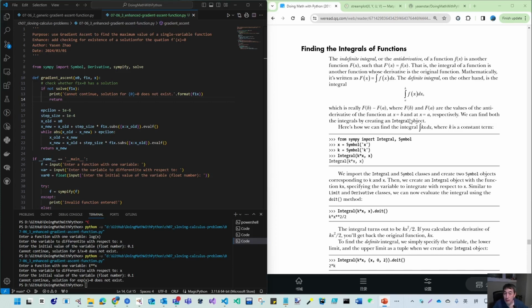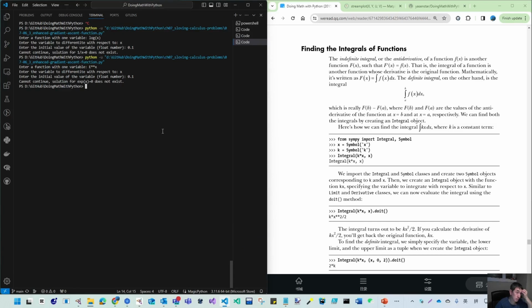In this way we can implement that in Python. We have a class called Integral within SymPy, similar to what we did with the Derivative class within SymPy. SymPy already provides this ready-made class that we can use, so we don't need to create our own program.